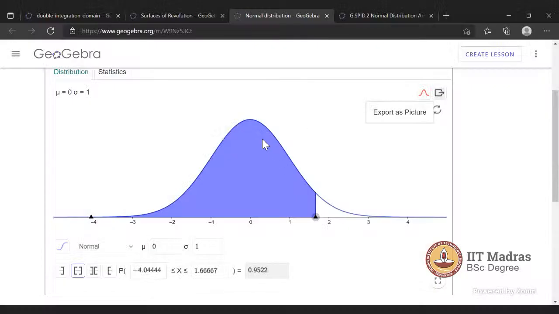If I am talking about a normal distribution, it is always going to be a bell-shaped curve and it is going to be symmetric about the mean. So in this case, if your mean is 0, then you see it is symmetric over the mean.